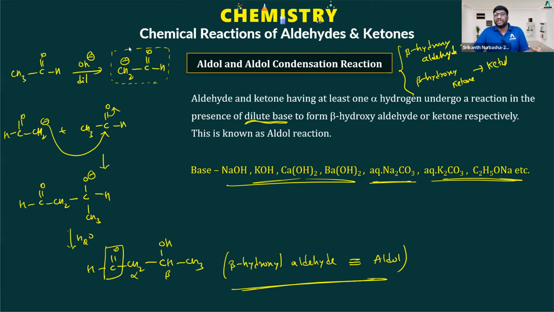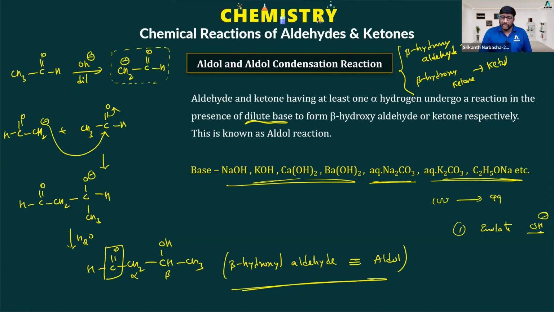Whatever base you are considering, if that base is a stronger base, it will convert all the aldehyde molecules to respective enolates. But if that base is weaker compared to the enolate, what happens? Let us say 100 molecules are there. Out of 100, let us say one molecule has been converted to enolate, and in the solution we have OH minus and enolate.